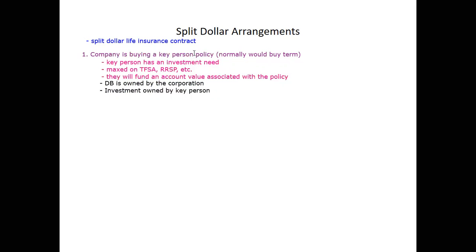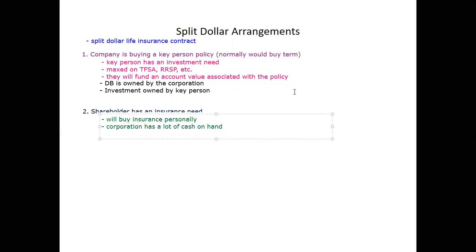And then the other version of this is that a shareholder, say, has an insurance need, okay, and is going to buy this insurance personally. But the corporation has a bunch of dollars, and you'd most likely see this in a scenario where you have 4 or 5 shareholders.